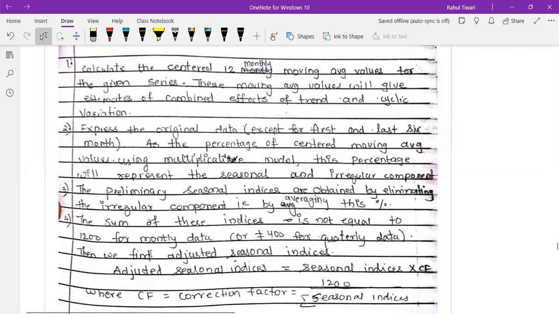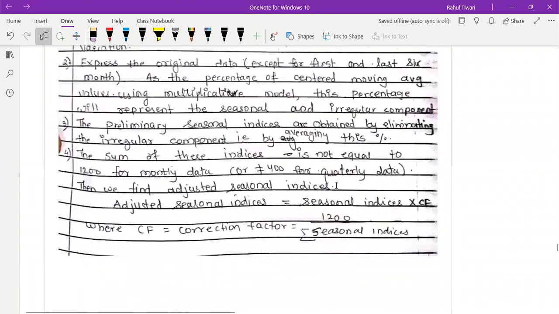Now we have to find adjusted seasonal indices. What I just discussed: if the sum of these indices we calculated is not equal to 1200 for monthly data, or not equal to 400 for quarterly data, then we need to obtain adjusted seasonal indices using the formula: seasonal indices into correction factor.